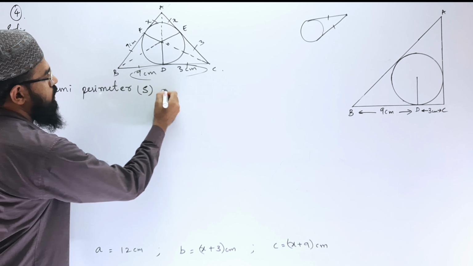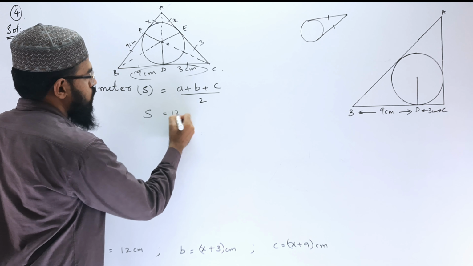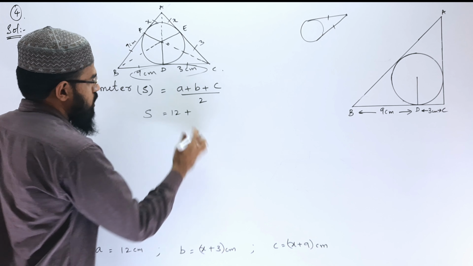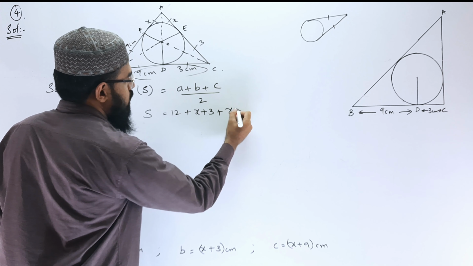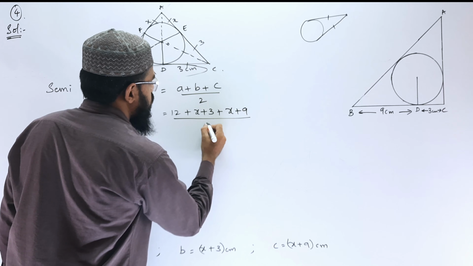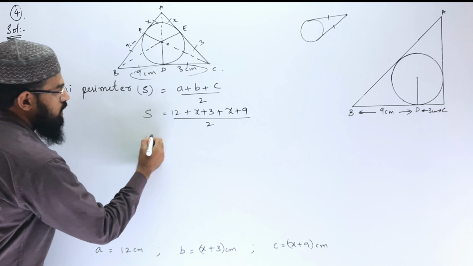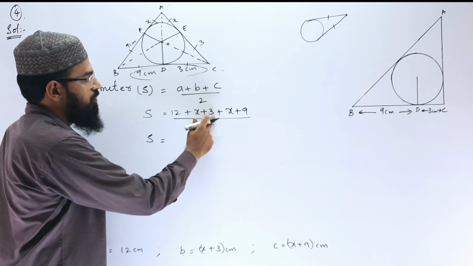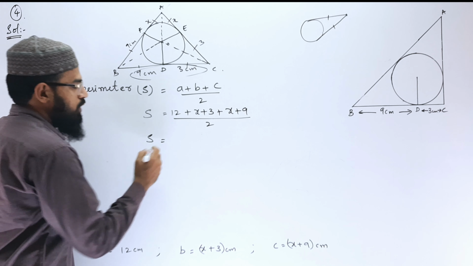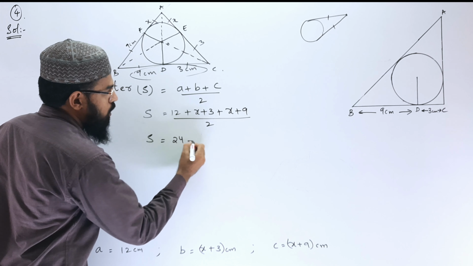So s is equal to, a is 12, so 12 plus b is x plus 3, plus c is x plus 9, by 2. s is equal to 12 plus 3 is 15, 15 plus 9 is 24, so 24 plus 2x by 2.